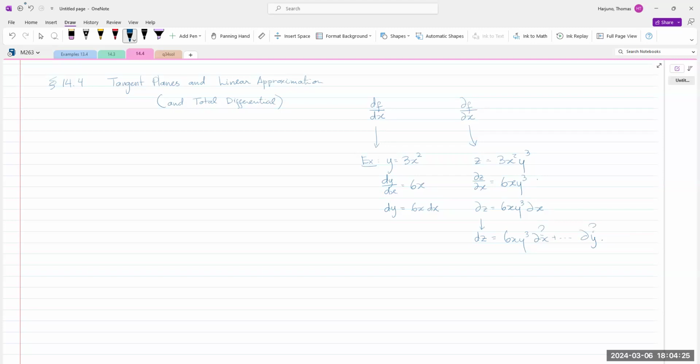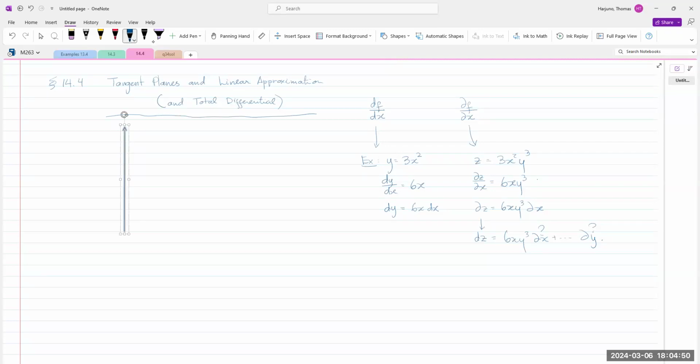Okay, now let's go to the tangent planes for now. We start with a very big picture. I basically do the graph that we did earlier. This time, let me try to make it bigger.